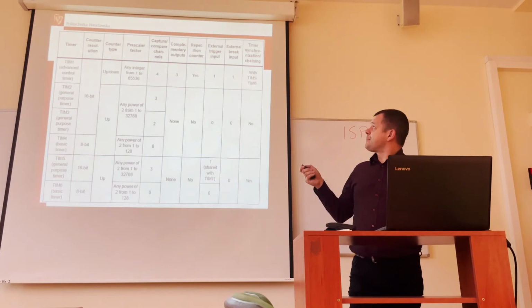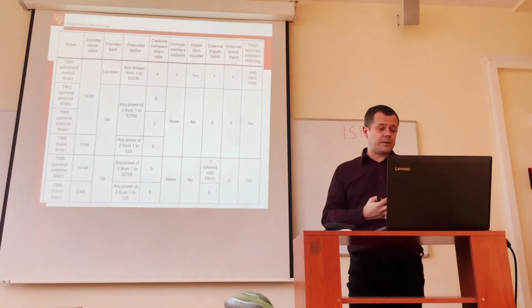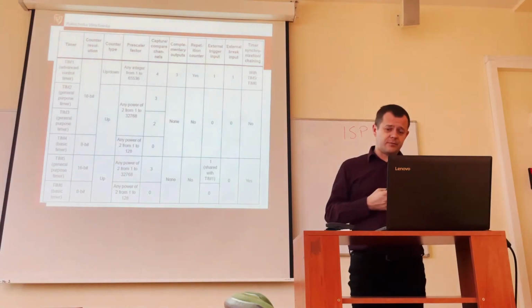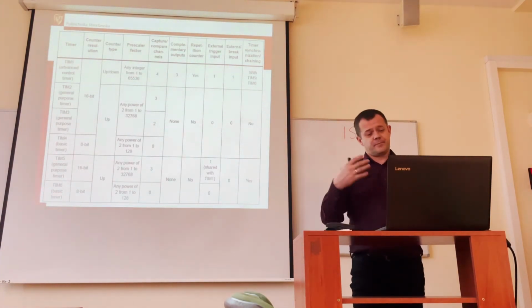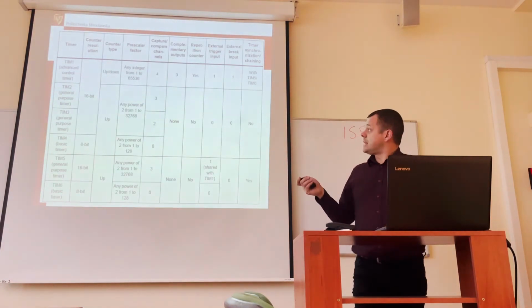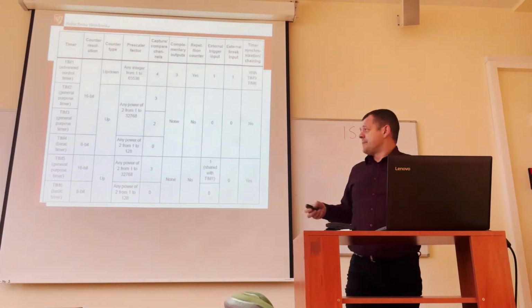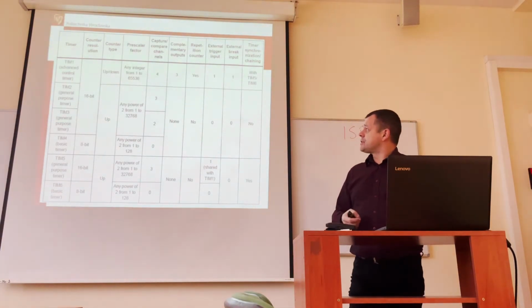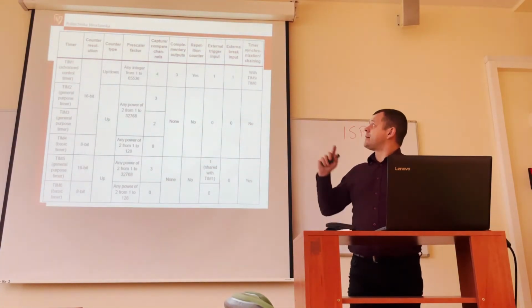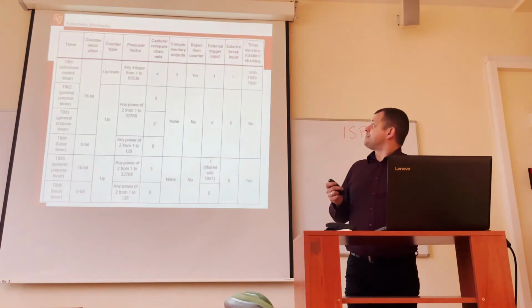Same is with the outputs. Here are the complementary outputs, because from the timer they can generate the signal. Not all the timers are able to generate the signal. What's the use of these timers? We can read the values, they can generate interrupts, but they are not able to generate the output signal.